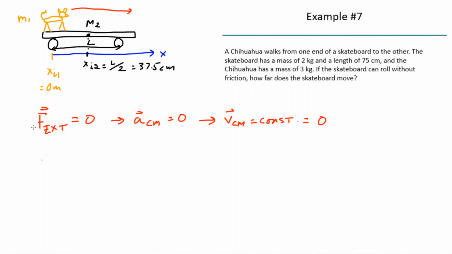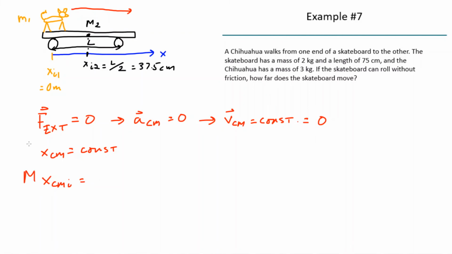If the velocity of the center of mass is 0, that means the position of the center of mass is constant. It doesn't change. So let's calculate the initial and final positions of the center of mass. We know they have to be equal to each other. So we know that x center of mass initial is going to equal, let's write it this way actually.